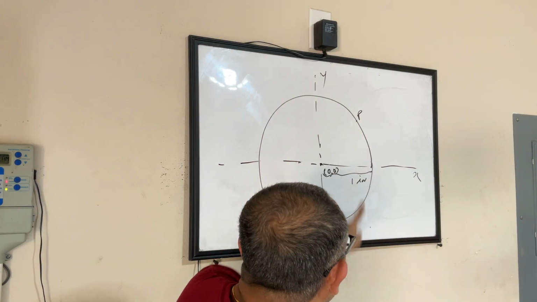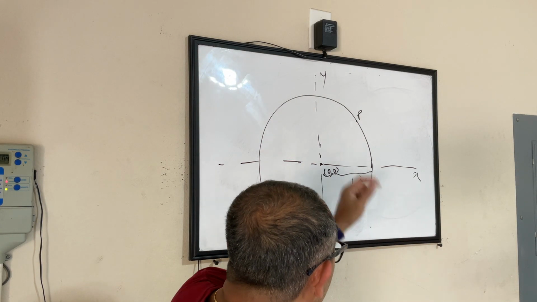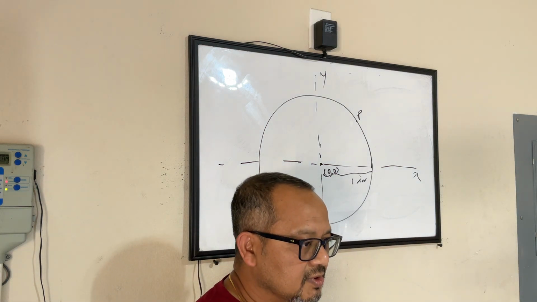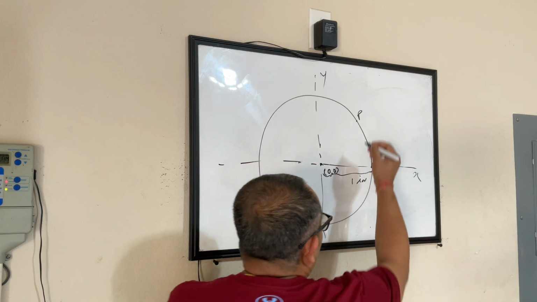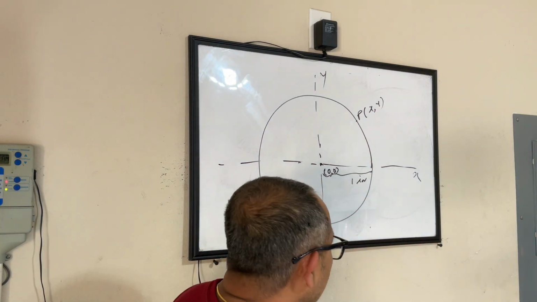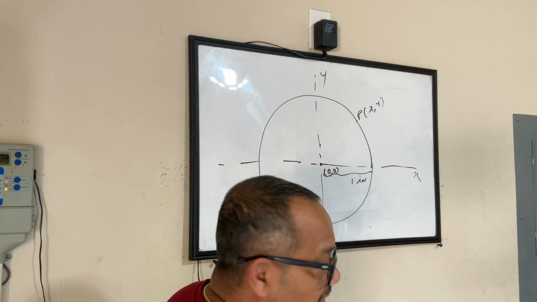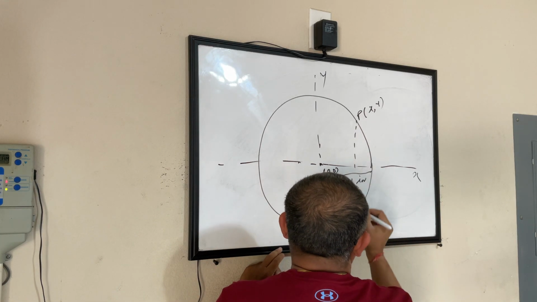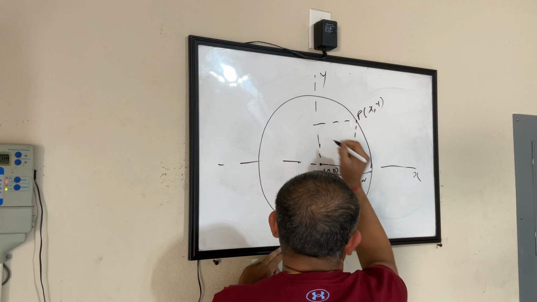So now I'm calling this point P, and I'm trying to find out what will be the coordinate of that point. When I say coordinate, meaning x and y coordinates, correct? How do we find out the x and y coordinate of any point? We draw a perpendicular from here to here, here to here.